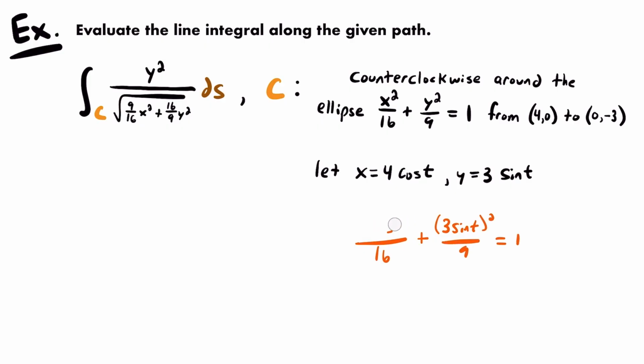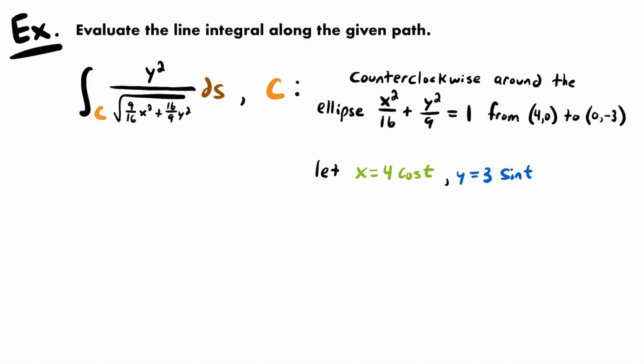In the numerators, you have 16 cosine squared t and 9 sine squared t, and then the 16s cancel out and the 9s cancel out. So you have cosine squared t plus sine squared t equals 1, which is a true statement. We know from the Pythagorean identity that cosine squared t plus sine squared t is equal to 1. So that checks out. Those will be the parametric equations that represent this ellipse.